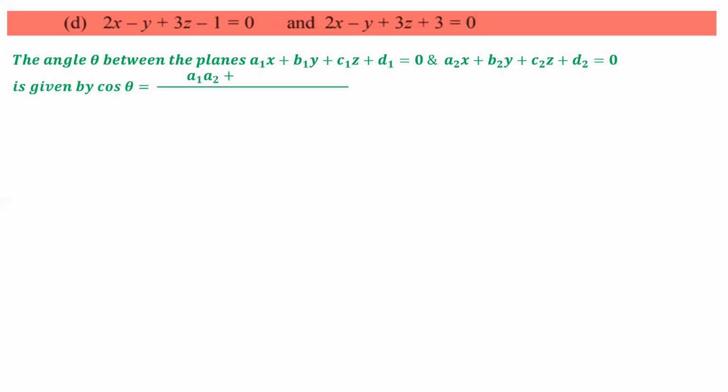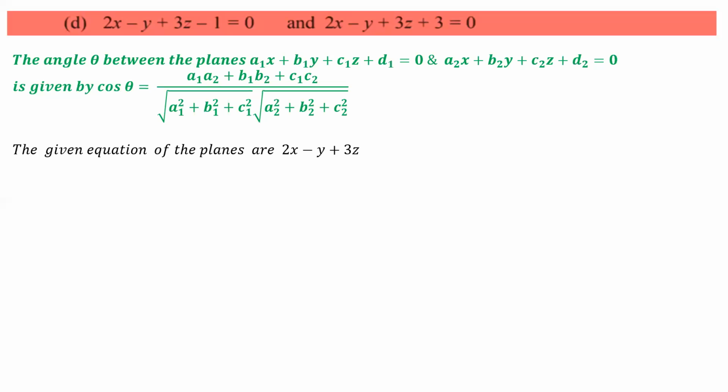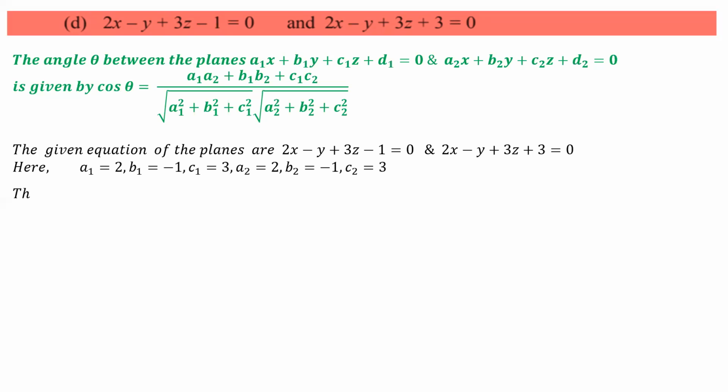Since the planes are parallel to each other, just write down what is a1, a2, b1, b2, c1 and c2, and find their ratios, that is a1 by a2, b1 by b2, c1 by c2. The ratio is equal to 1, that is a1 upon a2 equals b1 upon b2 equals c1 upon c2 equals 1. Now since the ratios are equal, that means they are parallel to each other.